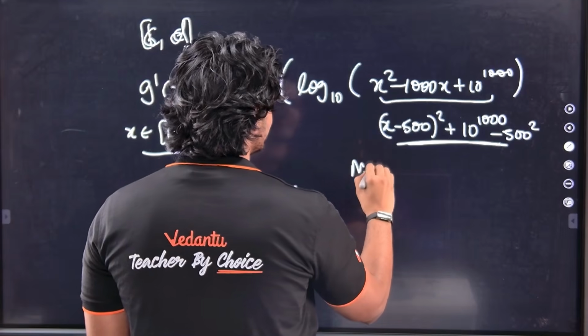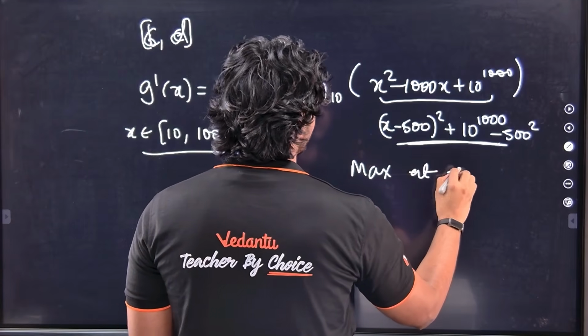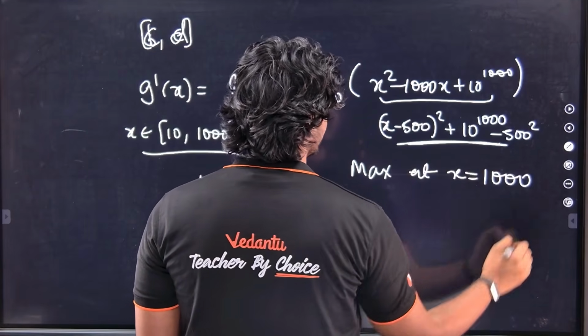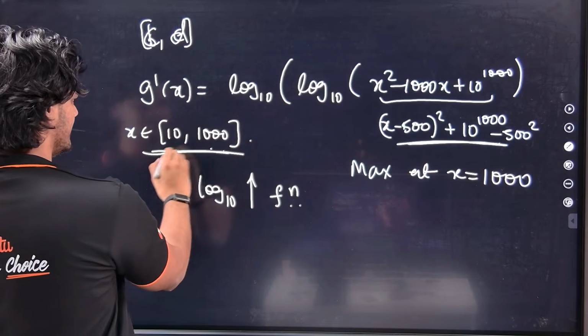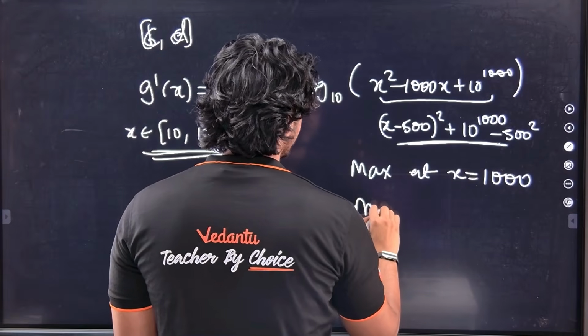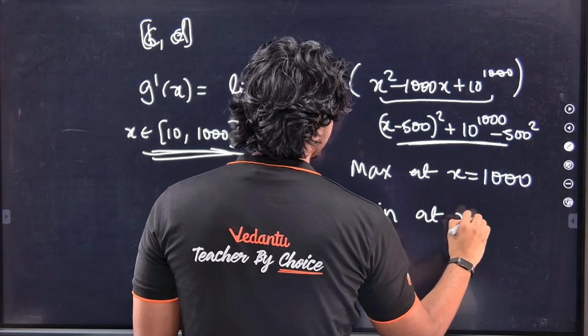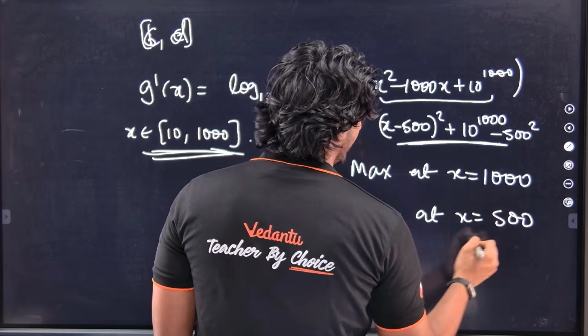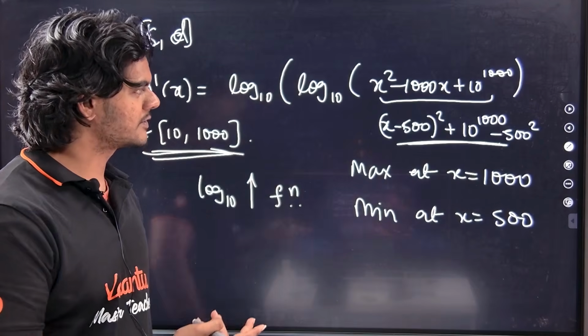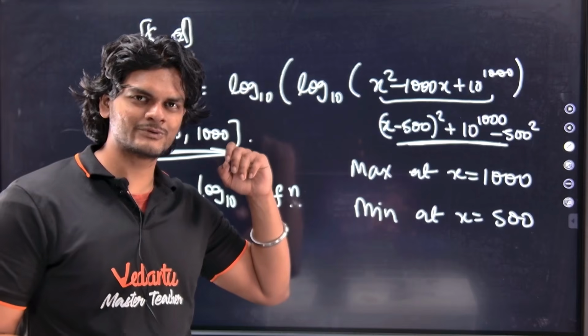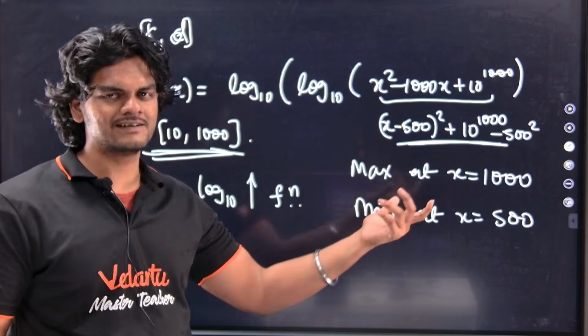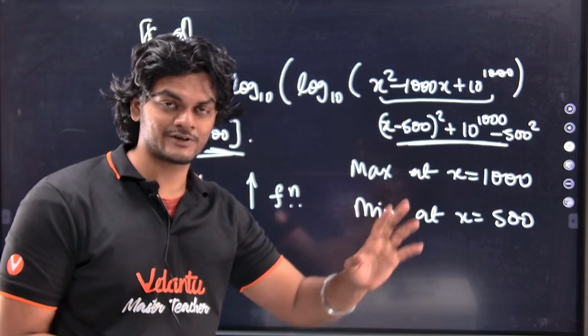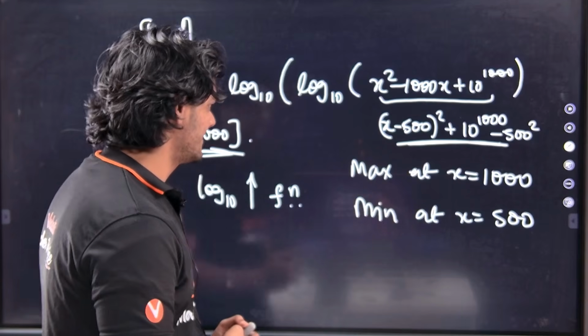So it will be maximum at x equal to 1000 in this range, and it will be minimum at x equal to 500. And you can find the approximate values as well. I don't think that would matter, but both will be nearly 3.